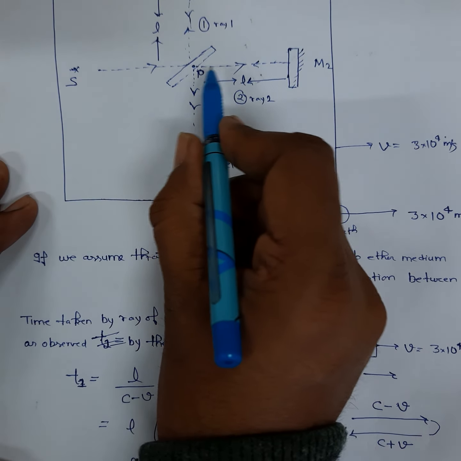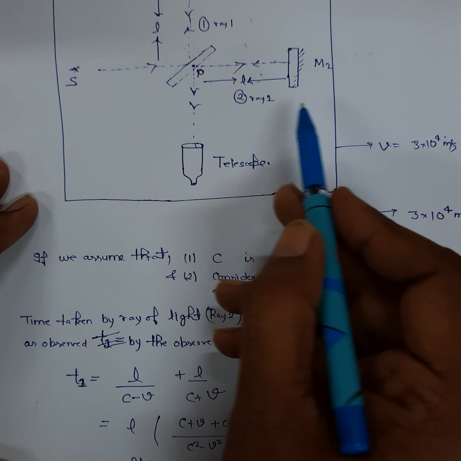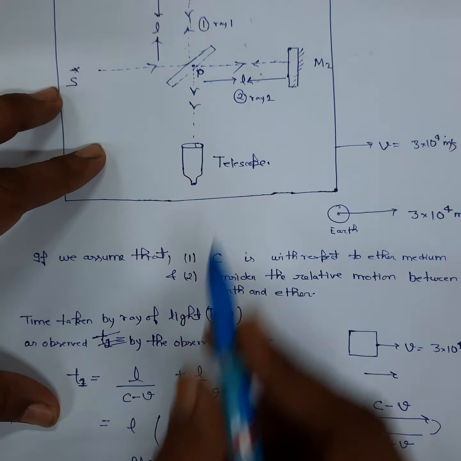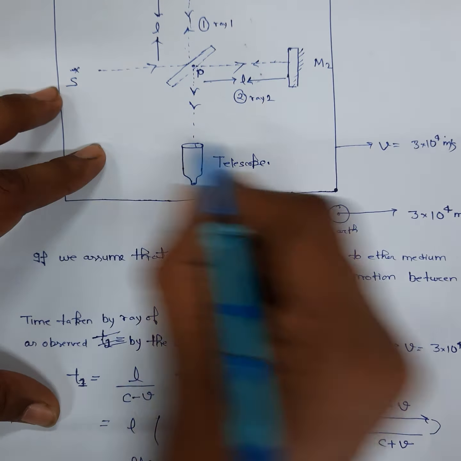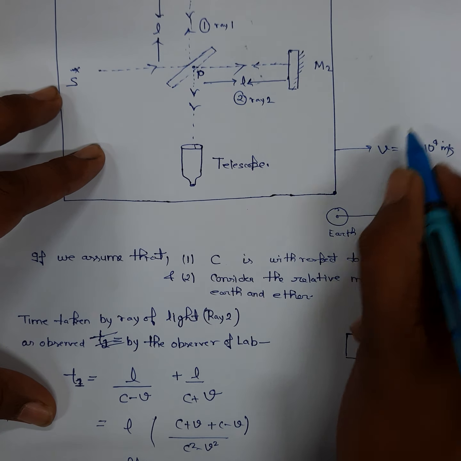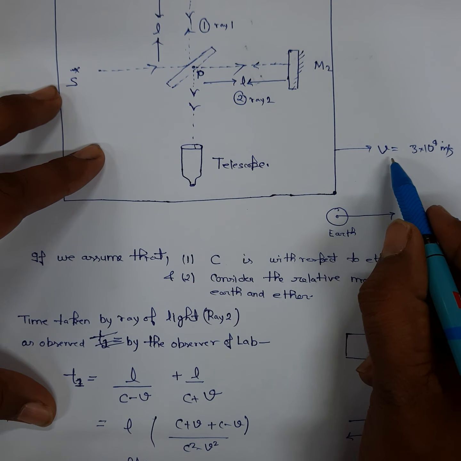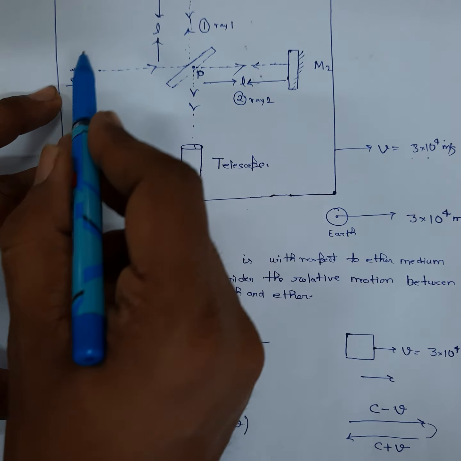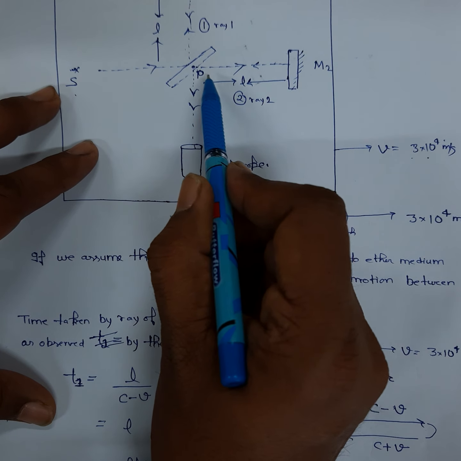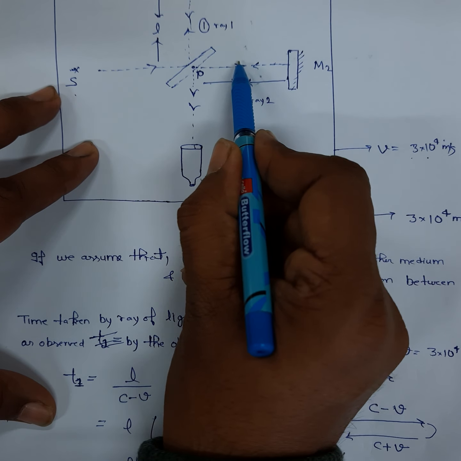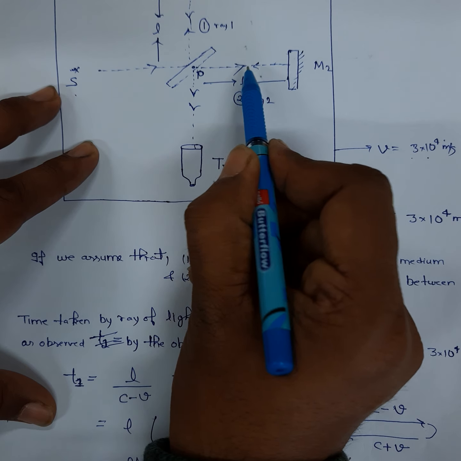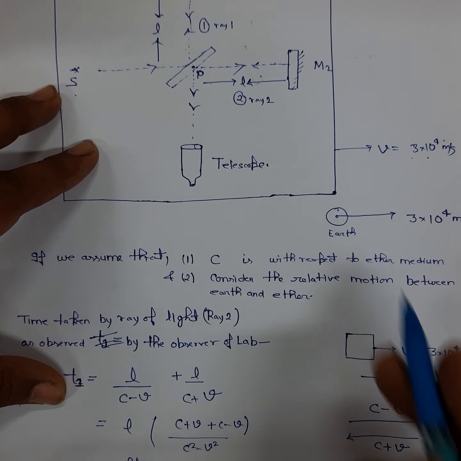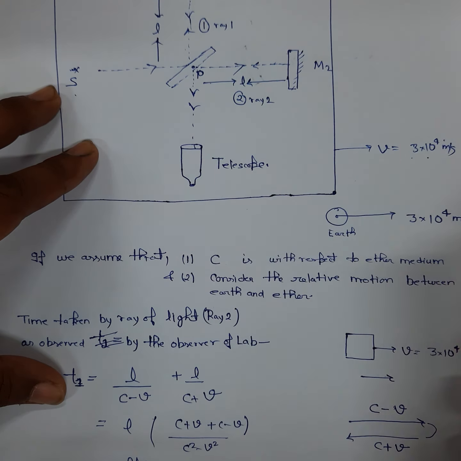For the path from P, the observer in the lab will find that the whole setup, the whole laboratory frame of reference, is moving with velocity v with respect to the light. So the observer in the lab will observe that for this direction of propagation of light, the velocity of light should be c minus v, because the whole setup is moving with velocity v.